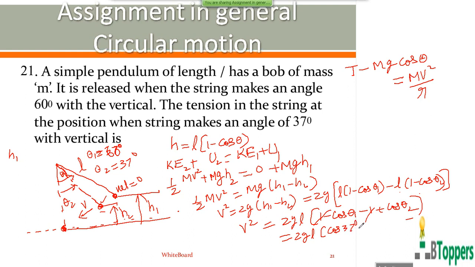Cos theta 2 is cos 37, and cos theta 1 is cos 60 degrees. Those who want to copy the solution of the problem can pause and copy it. They can find the value of v square from this and substitute it in the later equation.